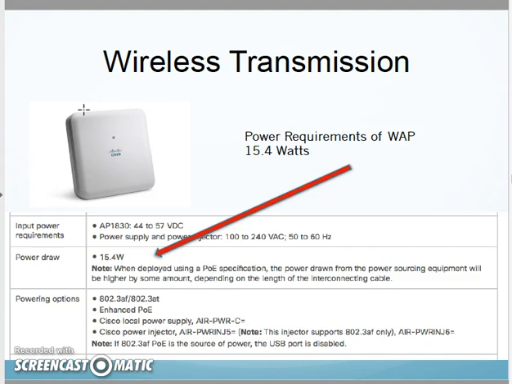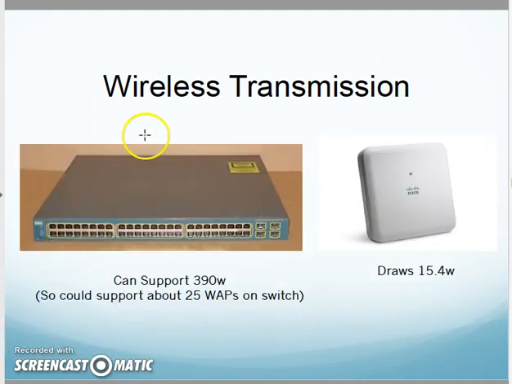This is using 15.4 watts if you're going to use Power over Ethernet. So I do my homework and find out this draws 15.4 watts, this can support 390 watts, so I do my simple division and find out this switch can support about 25 access points, or access points on about half the switch. So I might need to do some homework on Power over Ethernet to make sure that my wireless network is being supported or powered by my switch.